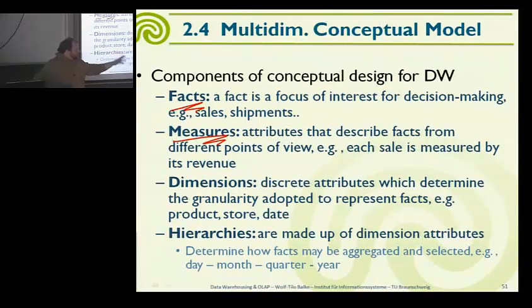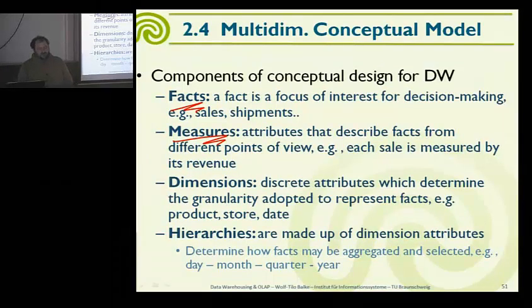Taxes, I don't know, right? So everything that can be measured with respect to the fact that you're interested in. Or if you look at a customer, how often does he shop in your stores? How much money does he usually spend on average in the store, and so on, right? So all the information that you want to have.